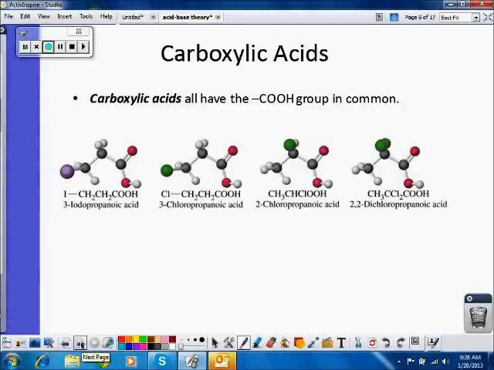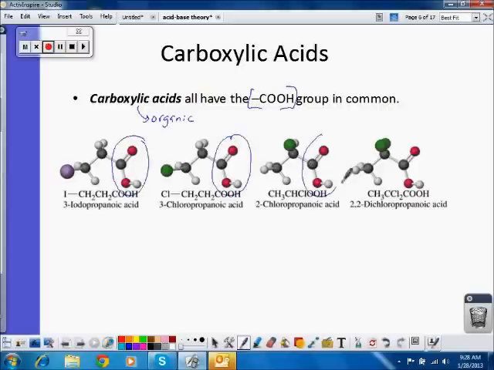Okay. Besides our standard acids, we also have something called carboxylic acids. A carboxylic acid is an organic acid. And it has this functional group attached to it. And you can see on each of these molecules, there's your COOH group.